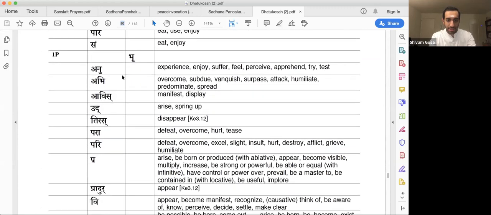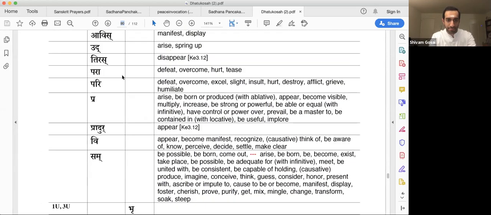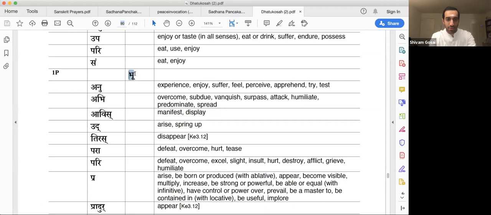Oh, mine's page 87. Okay, so bu, we see in the third column. In the second, you see all of the different suffixes that are commonly added. Now, when I add anu and bu, then I get all of these meanings: to experience, to enjoy, to suffer, to feel, to perceive, to apprehend, to try, to test.